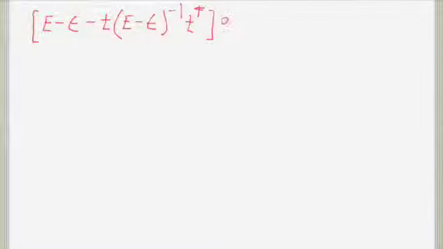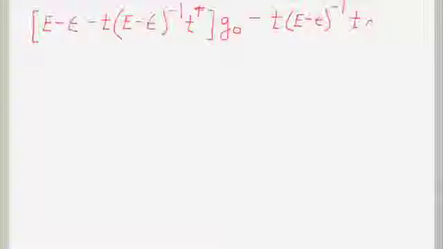If I substitute that back in, I'm going to get a renormalized site energy, E minus epsilon minus T (E minus epsilon) inverse T dagger, times G0, minus T (E minus epsilon) inverse T, G2 is 1.